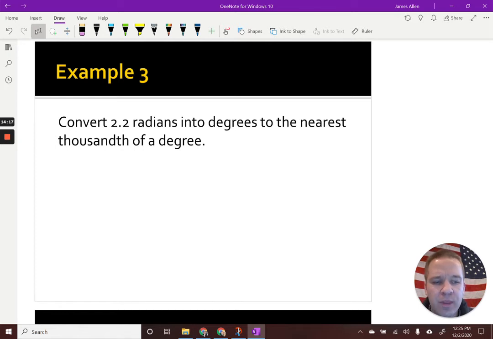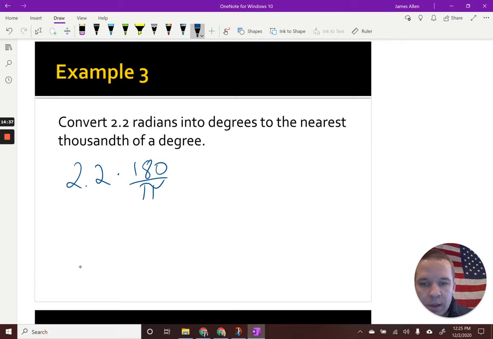So remember when I said oftentimes we see pi when it's radians, but it doesn't have to have pi when it's radians? Here we go. 2.2 radians. We're going to convert that into degrees to the nearest thousandth of a degree. That's 3 decimal places. So I will have 2.2 multiplied by 180 divided by pi, and we can just plug all of that into our calculator.